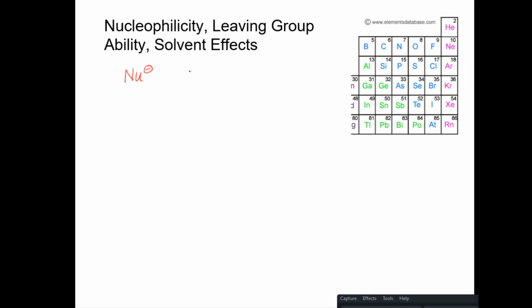When you are comparing bases horizontally on the periodic table, that means in carbon, nitrogen, oxygen, and fluorine, when you're looking at relationships horizontally, then the stronger base is the stronger nucleophile.